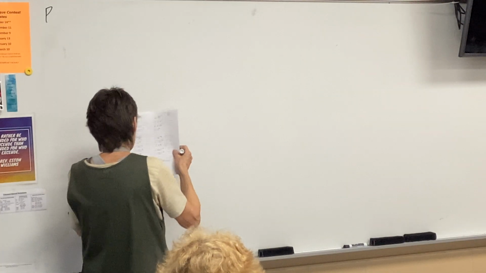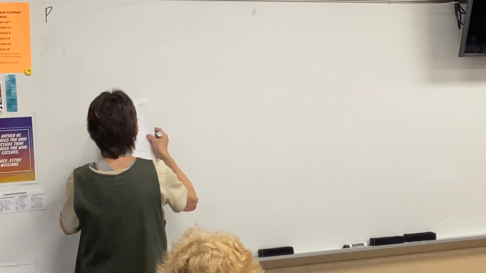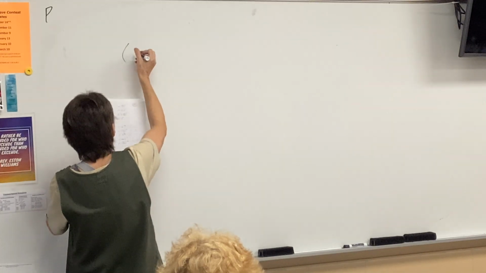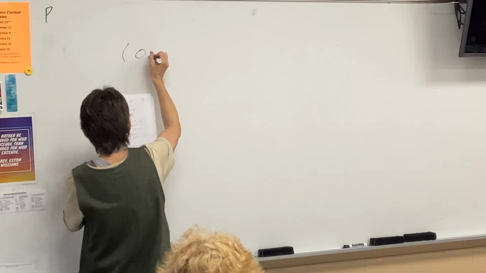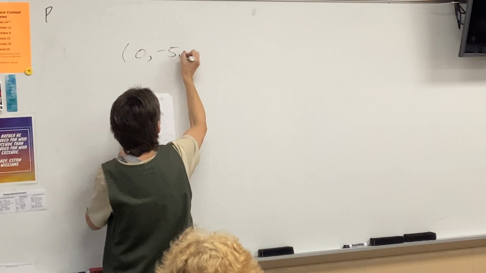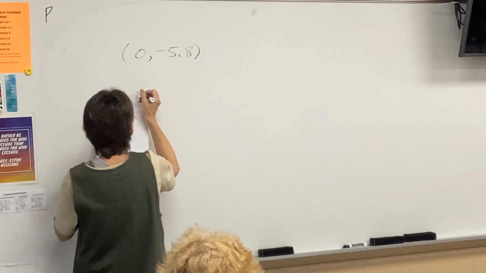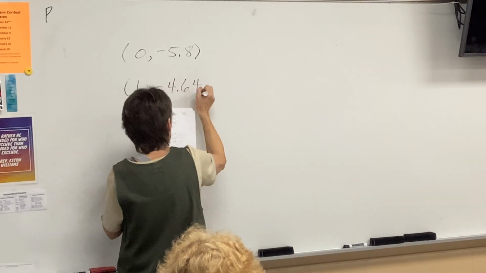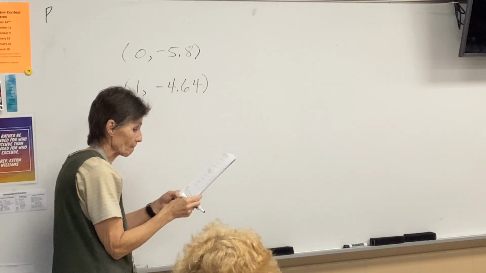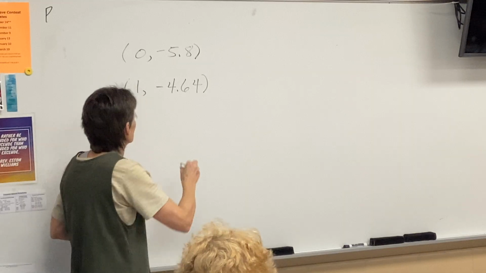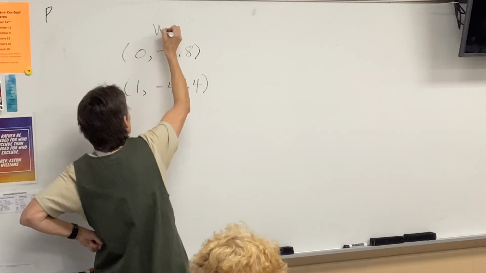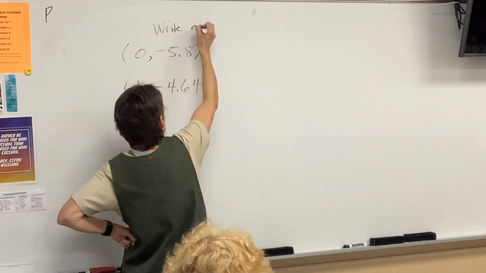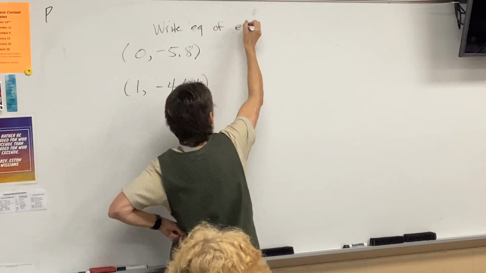The book's in Canvas, but I'm not going to have you get that out. I'll just tell you the ordered pairs. Here are the 2 ordered pairs you have. This time they have decimals. We're going to use our calculators today a little bit. Your job for this problem is to write the equation of the exponential.